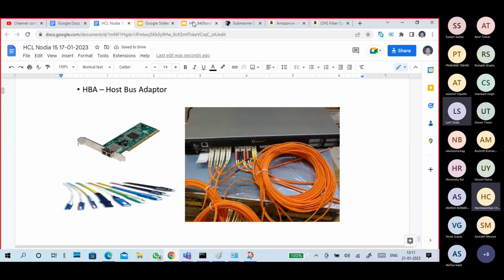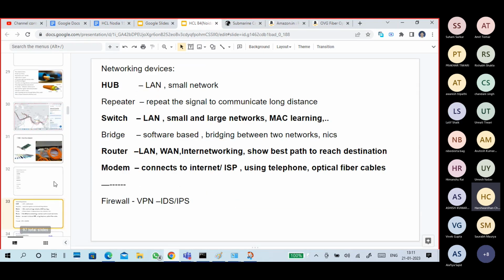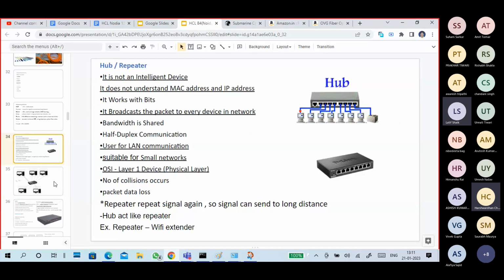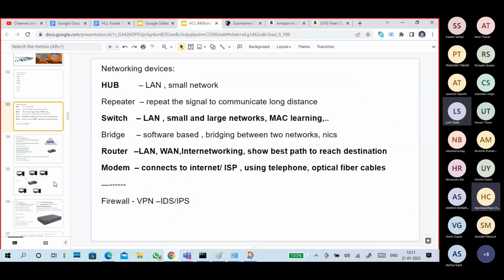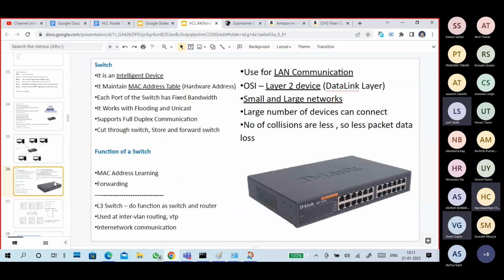Guys, do you understand up to this cable part? Any doubts? Actually, today I think I can finish these devices, but I hope you got the point, that is how to check IP address, MAC address.